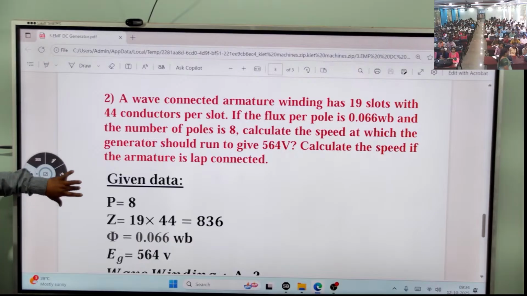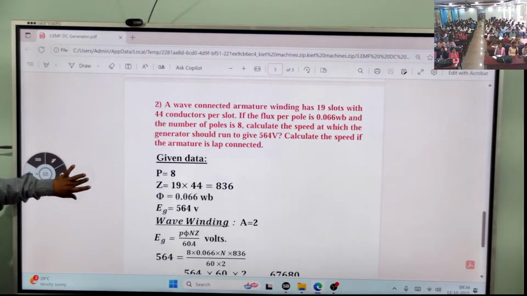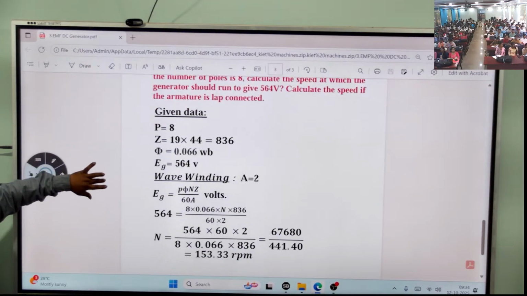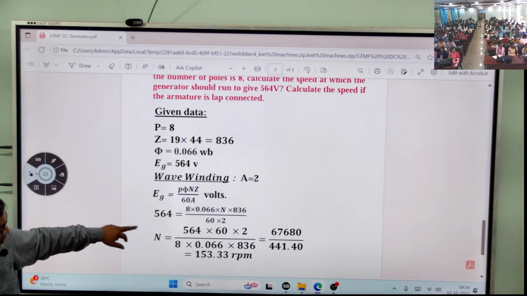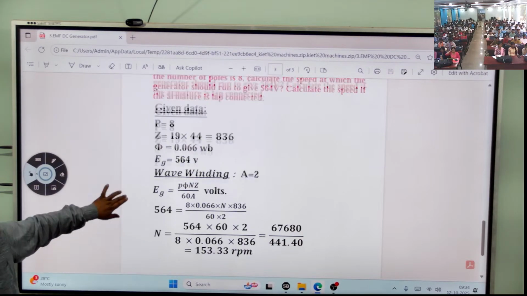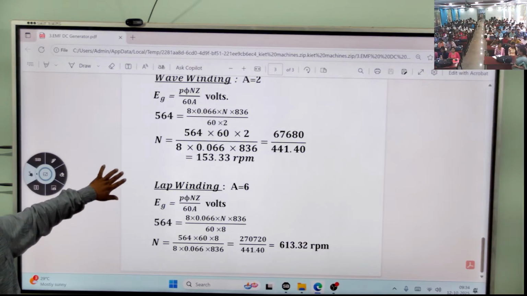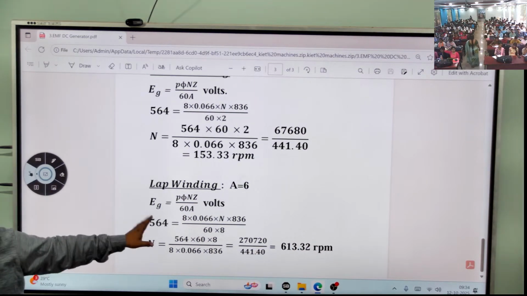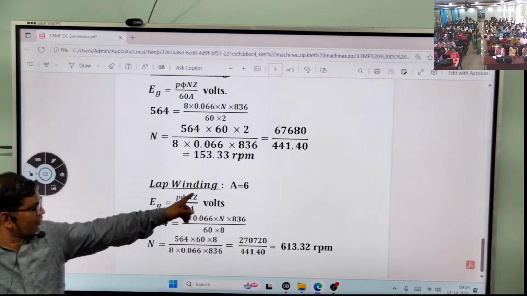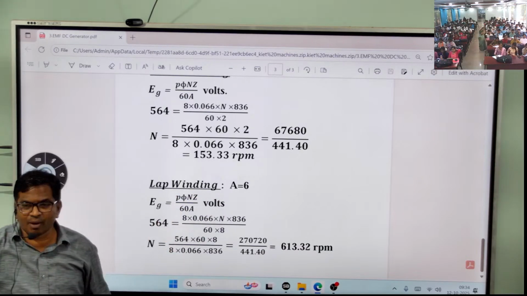This is the given data. For wave connected, we have done the problem. Then for lap winding, in the question lap connected is given, so A is equal to 6. Substitute in the formula.